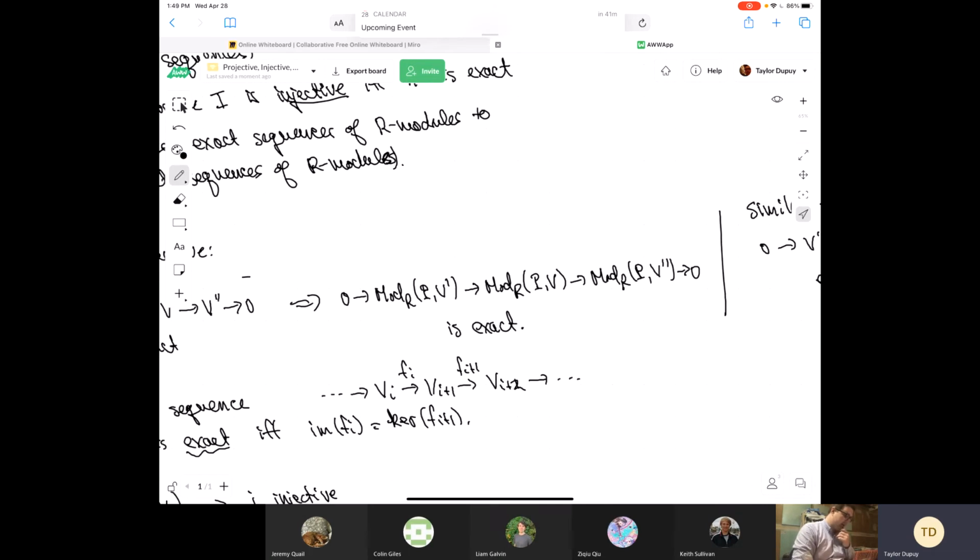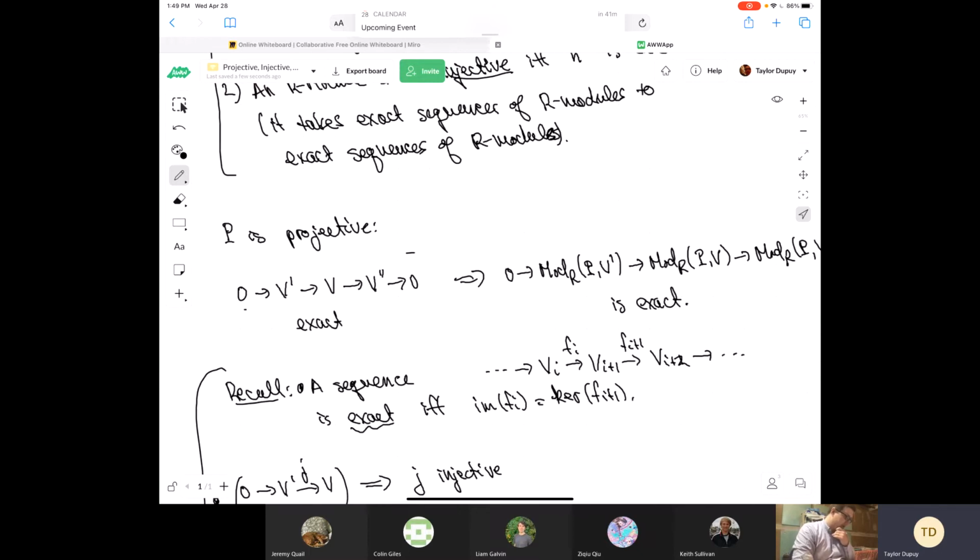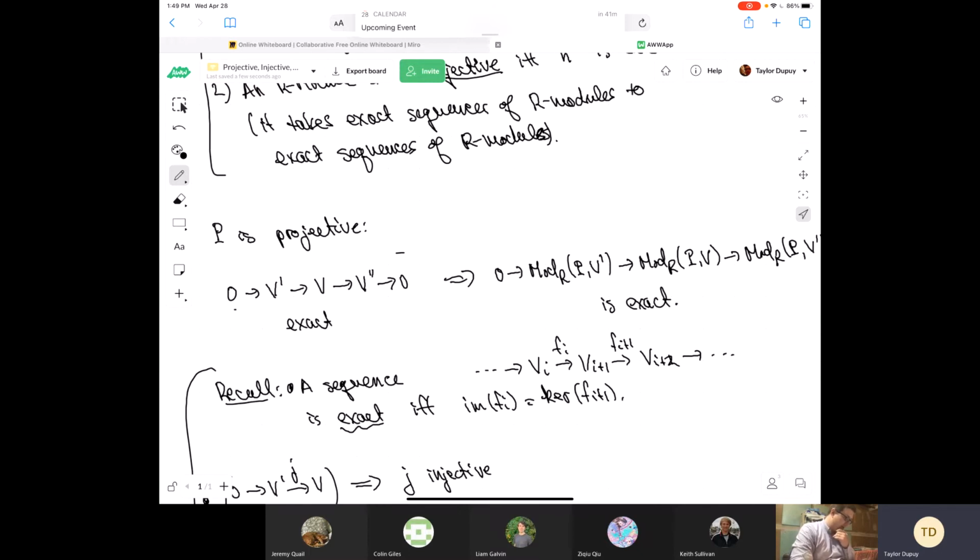It seemed like we needed to check that injections go to injections and surjections go to surjections, so there would be two properties to check. Well, as it turns out, injective maps always go to injective maps. That's a freebie. As a consequence of this, we get that P is projective if and only if it takes surjections to surjections.